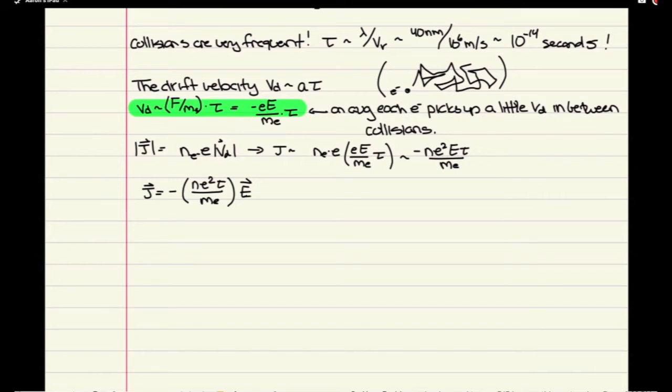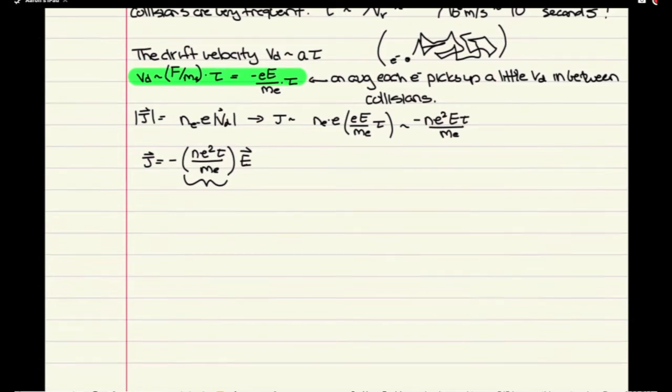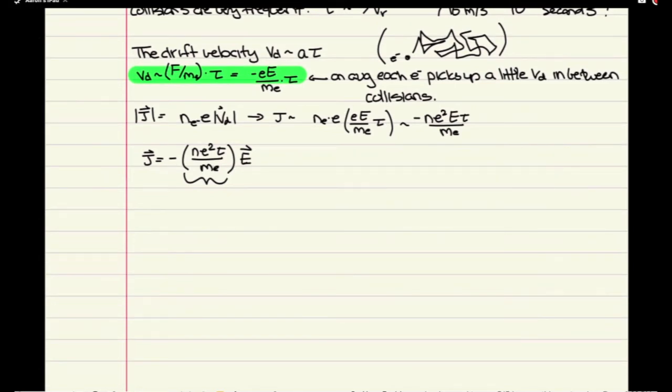We have connected the current density J to the electric field strength E. And the proportionality between J and E is called the conductivity.